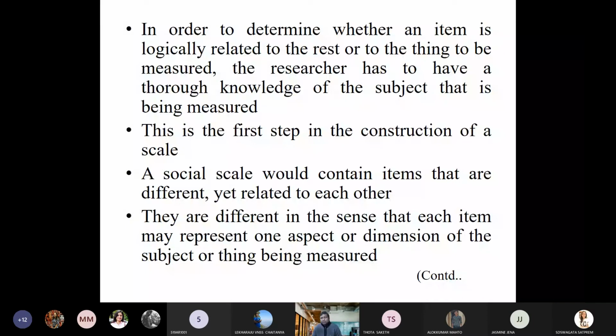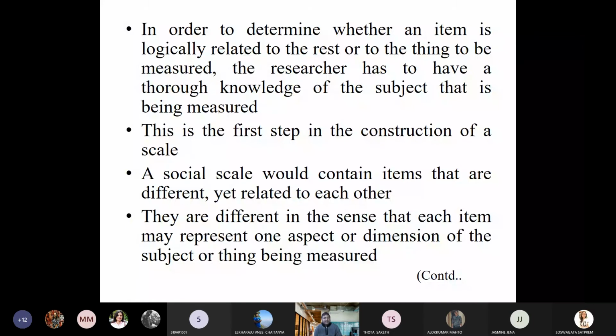Suppose whenever we are taking a perception, and I put some other things in the scale. What I am measuring should have a logical relation with the things I have kept in the scale. If I am measuring something and I have kept something else in the scale, then the answer will be different.